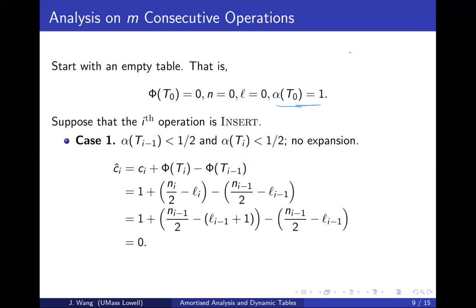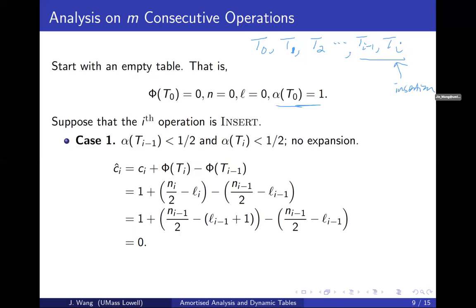You start from T0, and after an insertion you get T1. The next one, maybe an insertion or deletion, gives T2. The previous one is Ti minus 1, and then this is Ti. Say this is an insertion.